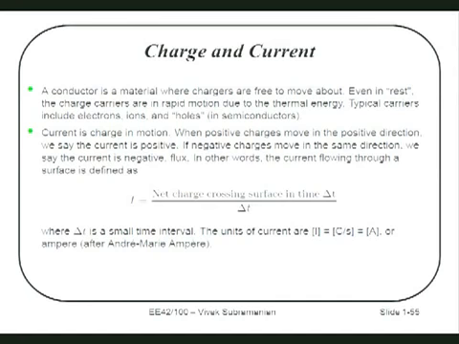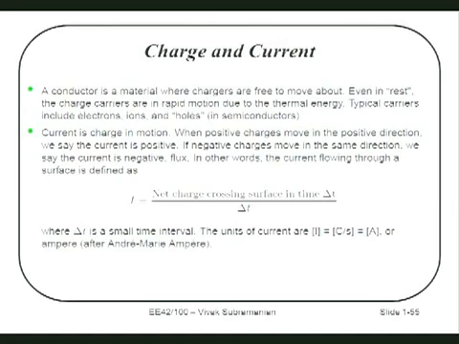Now I will take this one, it's double the size, and do the same thing. I count 1, 2, 3, 4 electrons through. So this is 4 electrons per second. And this one is also 4 electrons per second.